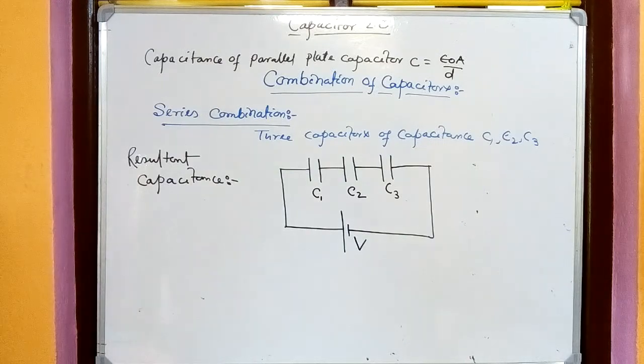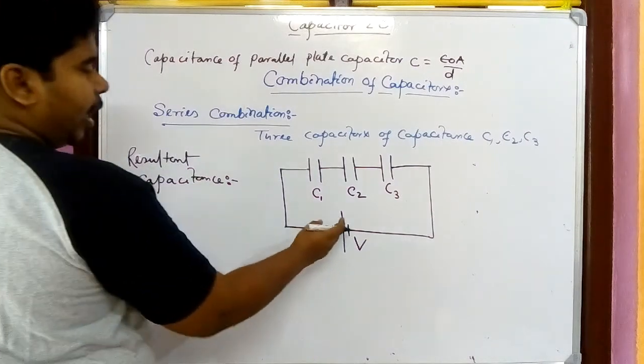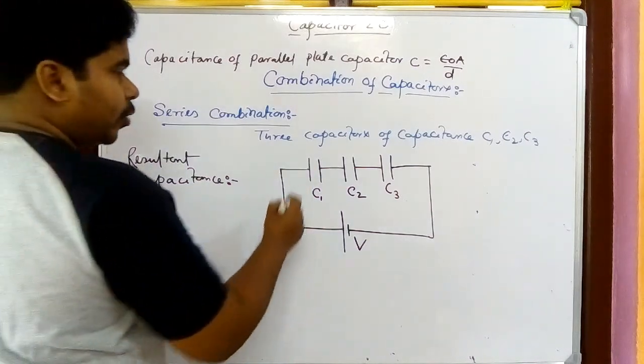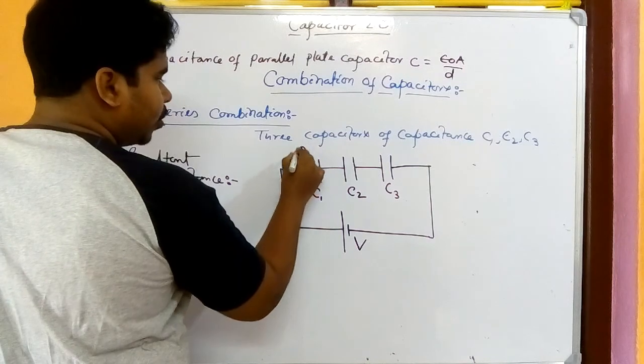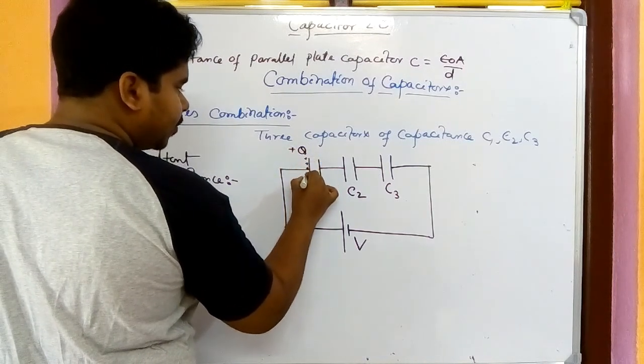Okay, so let's start. Whenever I connect a source here, as this terminal is connected with the positive terminal, plus Q charge will be induced in this plate.